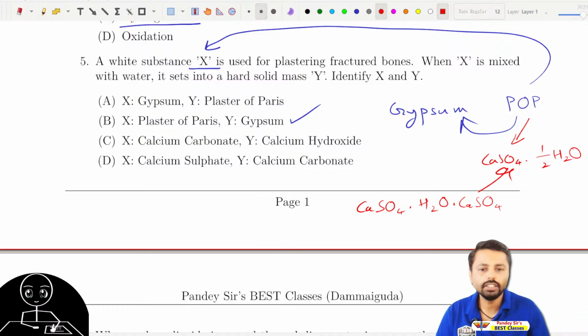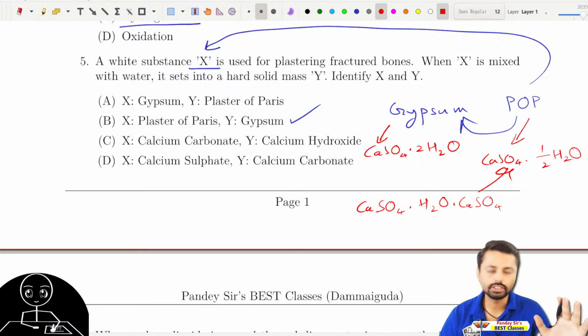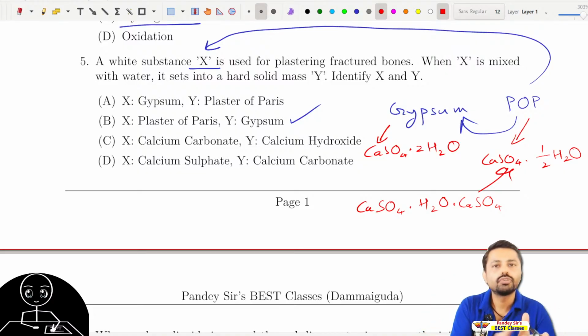Now the gypsum formula. In gypsum, how many water molecules are there? 1, 2, 100? It's just 2 H2O. So CaSO4 dot 2 H2O. By the way, this dot H2O, don't get confused with it. When we put water in a few substances, they get solid and hard.